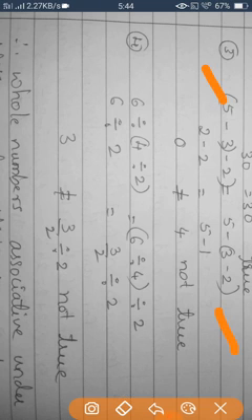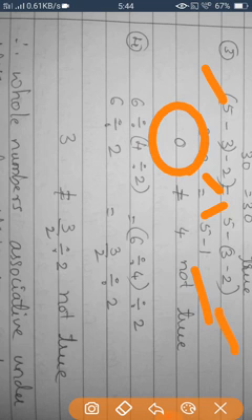There is a subtraction in between. 5 minus 3, it is 2. So this minus 2 is 0. Here 5 I have written the same. 3 minus 2 is 1. But 5 minus 1 is 4. These are not equal. So whole numbers are not always associative on subtraction.